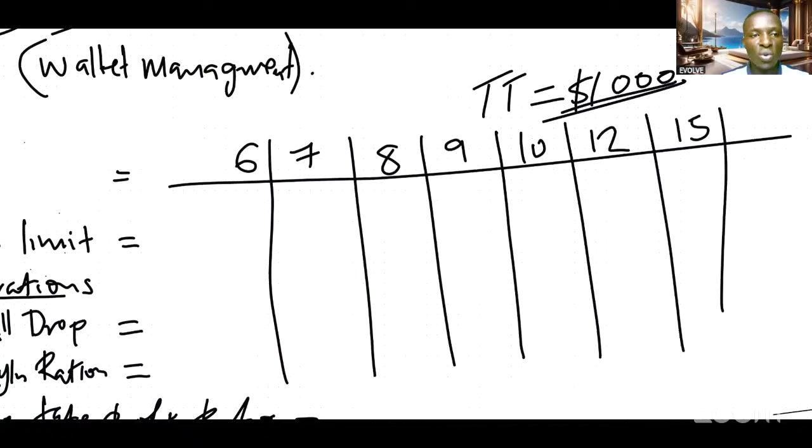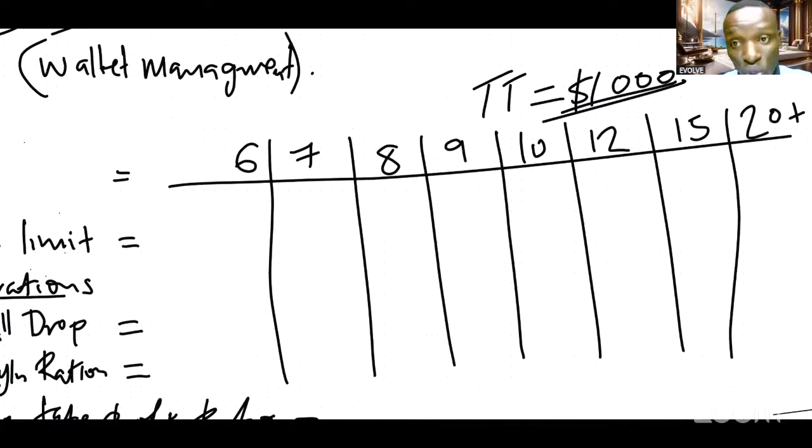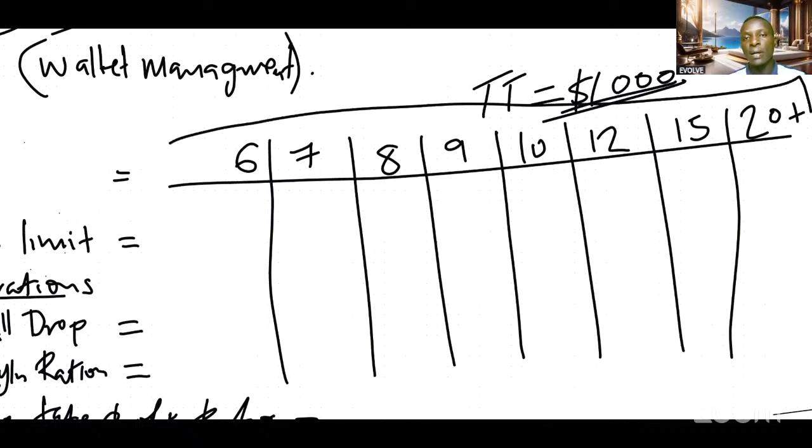You can use 20 and more, depending on your capital. Are we together now? How much your capital is will determine your first buy-in amount, and how many margin calls you want to have.